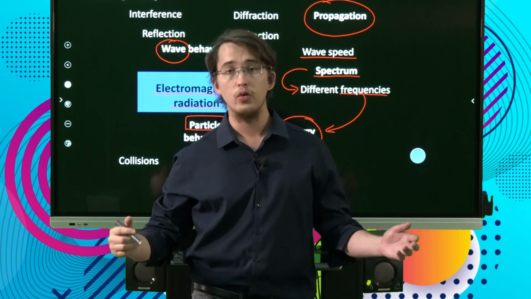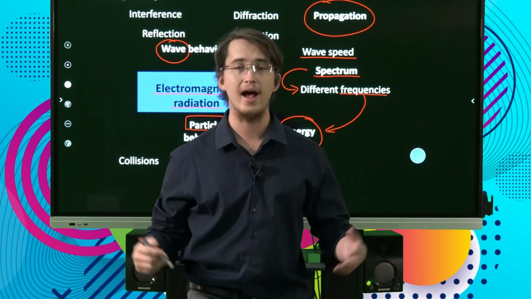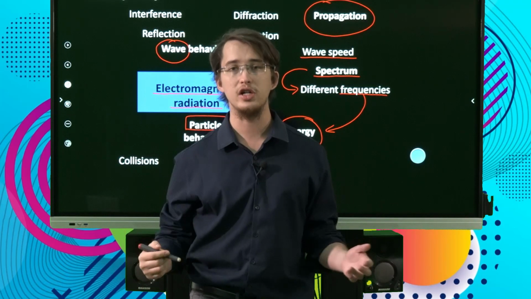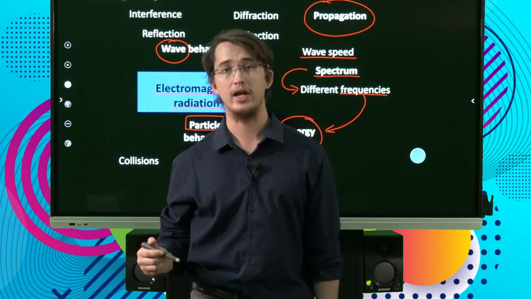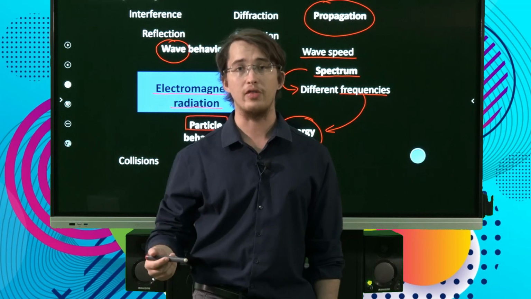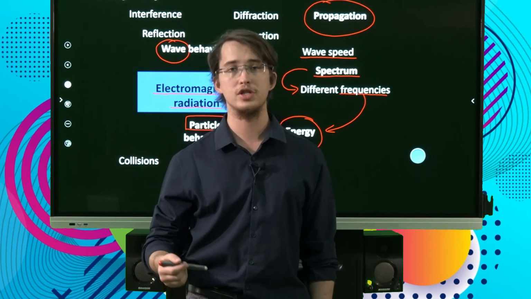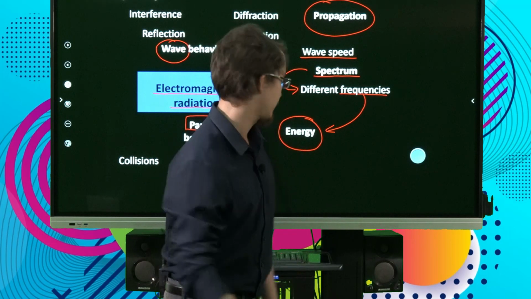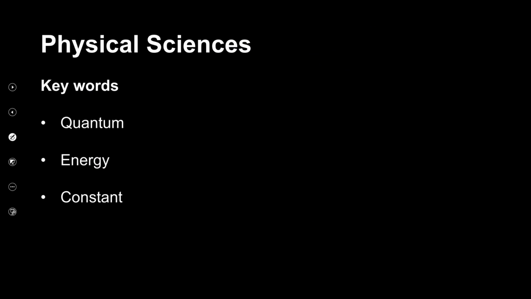All right, so we're going to be looking into how much energy is propagated by electromagnetic radiation. Before we do that, though, we're going to need some key words to help us understand. Our first key word is quantum.